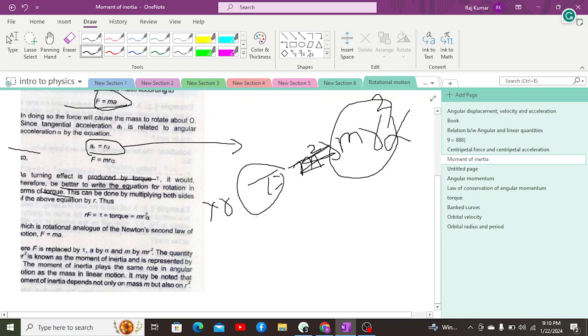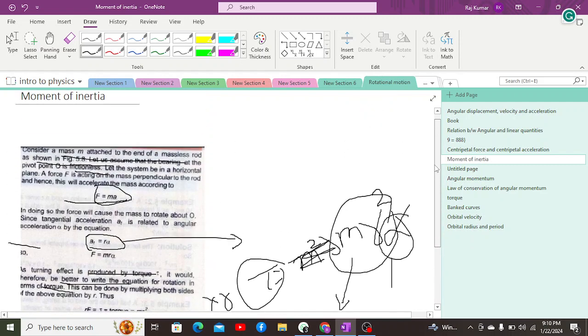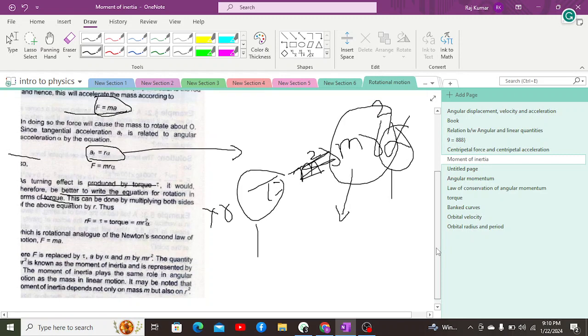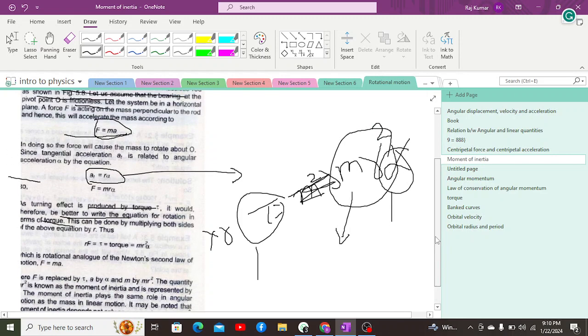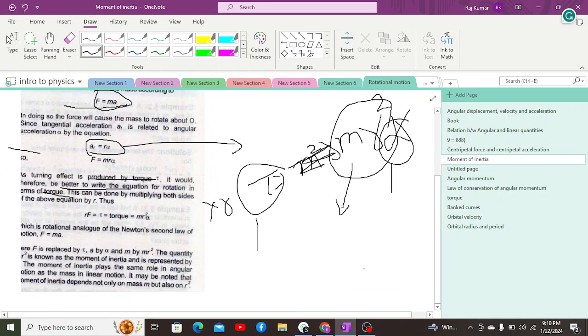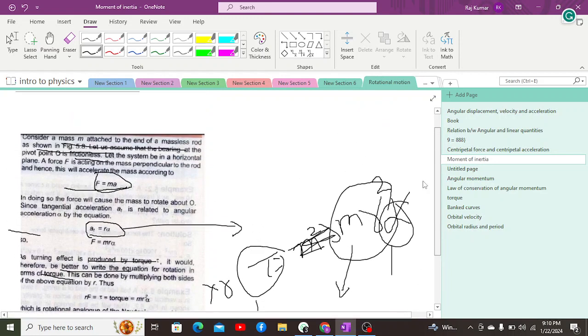Here torque is analogous to force, alpha is analogous to linear acceleration, and m r square is analogous to mass. In linear quantity, the quantity of matter is mass, but here the quantity of angular motion contained in a body is angular momentum, and the quantity of mass contained in an angular motion is known as moment of inertia.